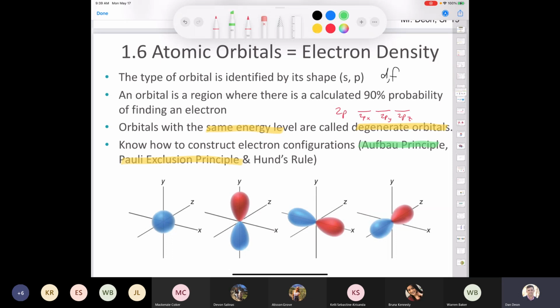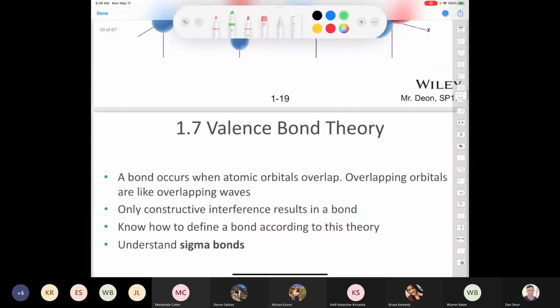And you also have to know Hund's rule, which I call the bus rule, which states that we have the maximum number of unpaired electrons in our orbitals. Now, if you're wondering, what is an Aufbau, a Pauli, and a Hund? These are things that would have been covered in detail, in dirty detail, in General Chemistry 1. And so you have to be familiar with those.